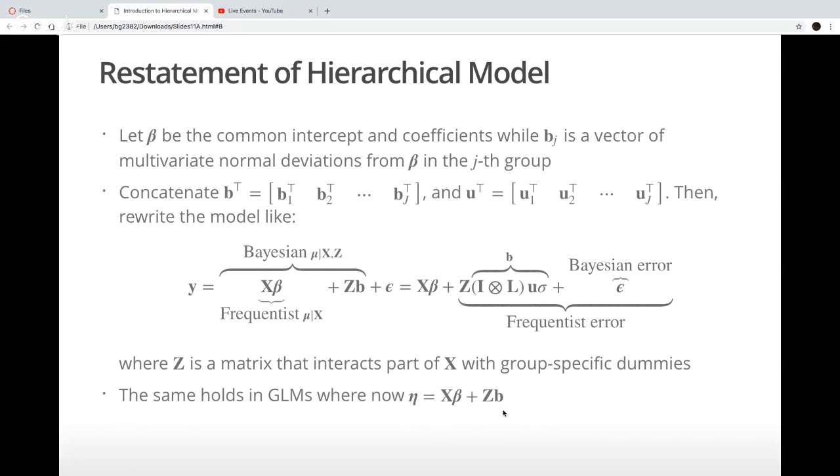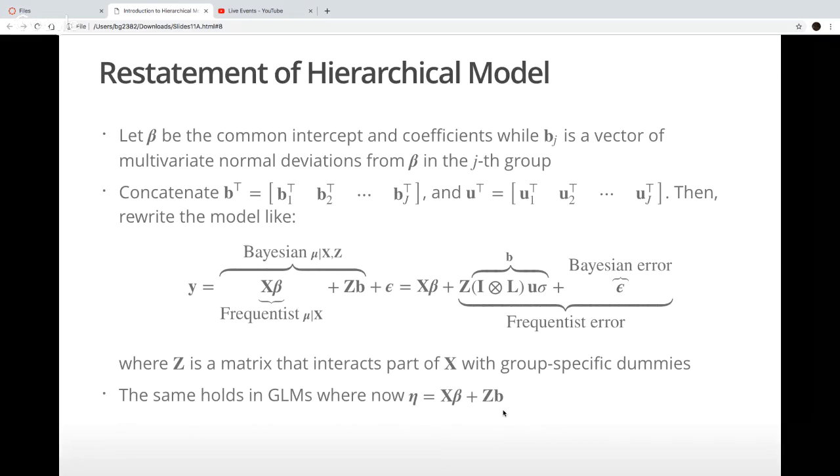Well, from a frequentist perspective, Z times B is part of the error term, whereas from a Bayesian perspective, Z times B is part of the conditional expectation, and the error term is just epsilon. From the frequentist perspective, the error term consists of epsilon, which is independent across counties, plus Z times B, and Z times B is what induces dependence in the error terms across counties.